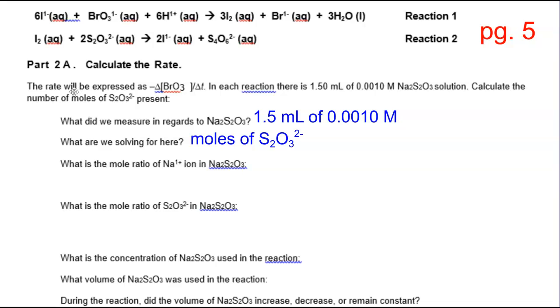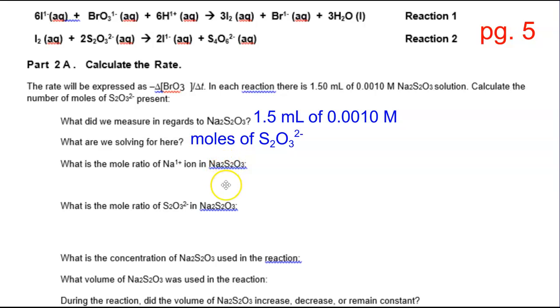We are then going to need to understand how we can get to the ion of thiosulfate when we have it in a compound. If you look here, you should see that it's a 2-to-1 ratio, sodium to thiosulfate. For every 2 sodiums, there's 1 thiosulfate.